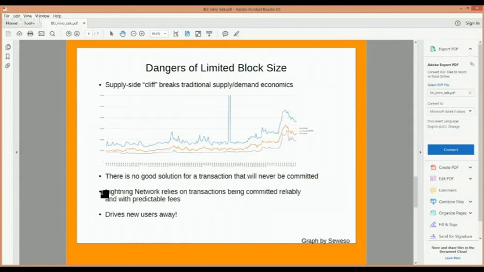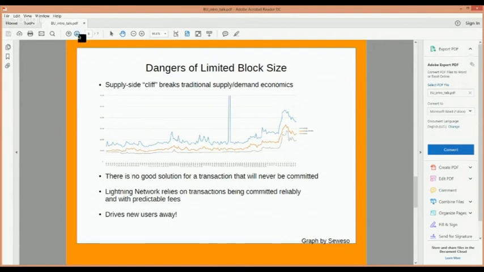And also, if the transaction is not included in the block before it expires, then the original payer gets the money back. So then the Lightning Network fails. So actually, the Lightning Network could benefit from a larger block size and a more consistent transaction fee. Finally, like I said, limited block size drives new users away.